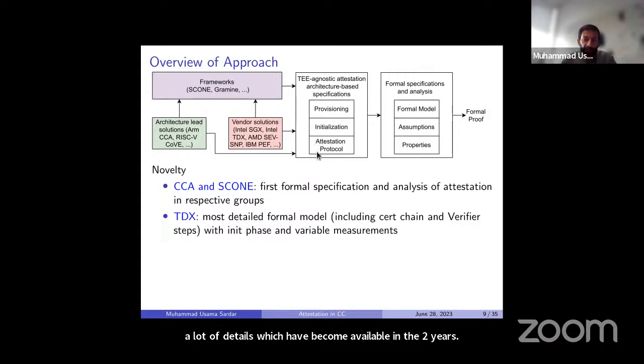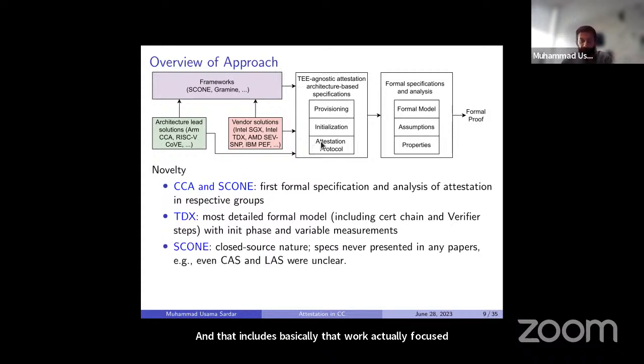That work actually focused on a specific part, which was this attestation protocol. In this work, we add the initialization part, as well as the certificate chain, which is included here, and other verifier steps which are used. More specifically, we now have variable measurements as opposed to the constant measurements that we had there.